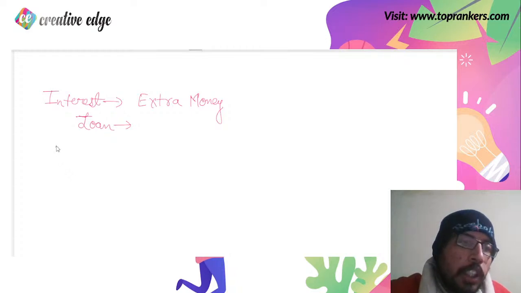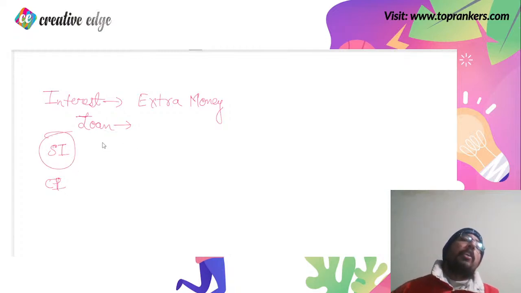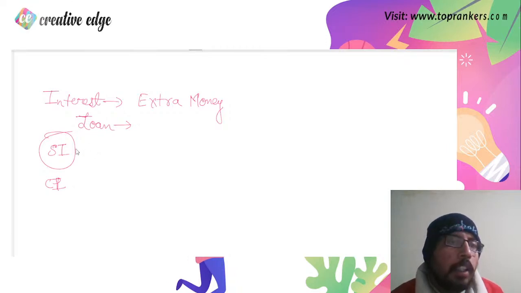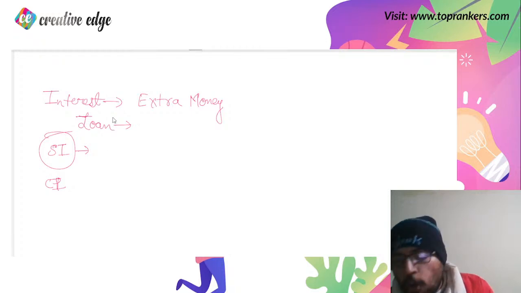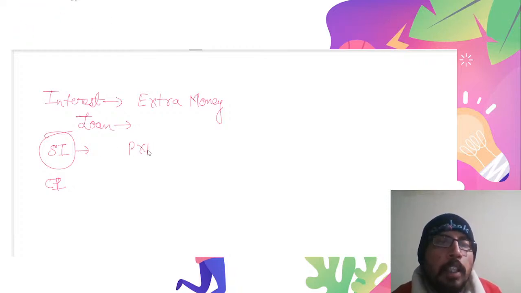So we study two types of interest. One is simple interest and the second is compound interest. As of now, I'm discussing simple interest. Simple interest, as the name itself suggests, is very simple. The reason it is simple is that it is only applied on principal. You must have studied the formula for simple interest, that is principal into rate into time by 100.